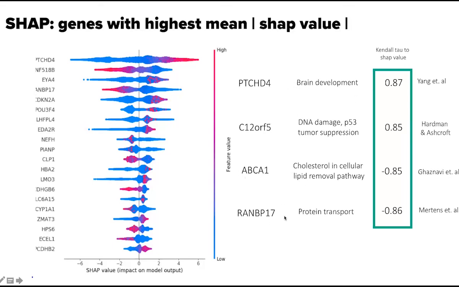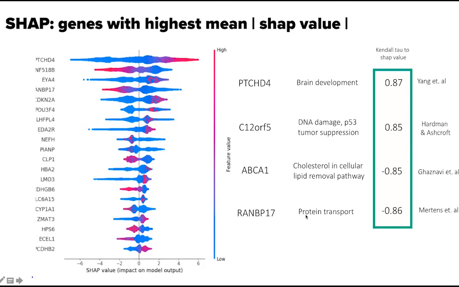But for these 2 genes, it's very logical, because this one is responsible for some things about cholesterol in the cellular lipid removal pathway, and this gene has negative correlation with age, so that when age is higher, the expression of this gene is lower. Maybe it means that cholesterol is somehow not removed in a proper way, because gene expression is lower.